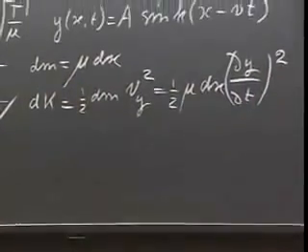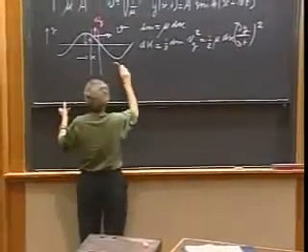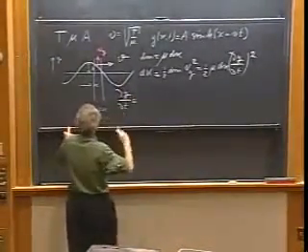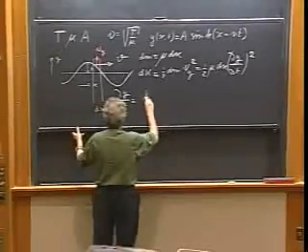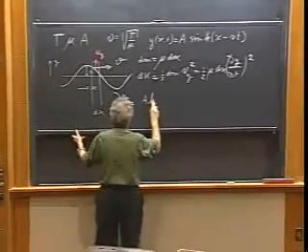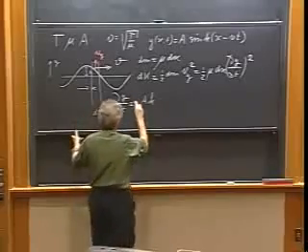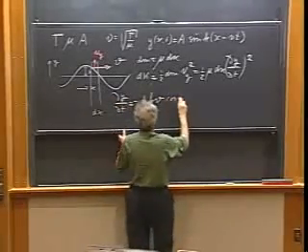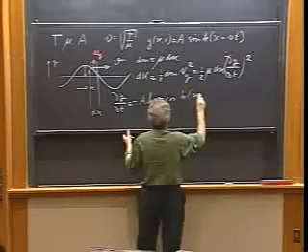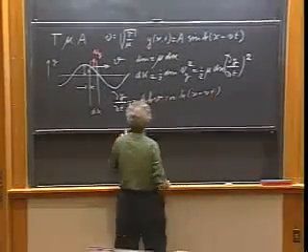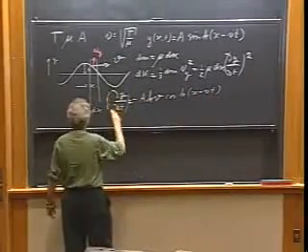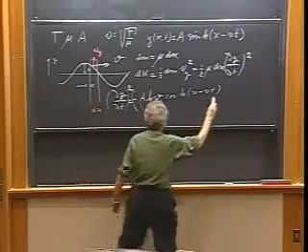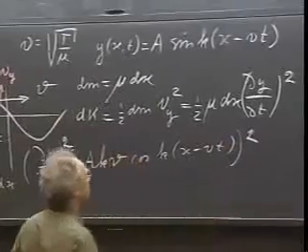And so the question now is, what is dy/dt? Well, that's easy because we have the function there. So dy/dt equals, so first I get A, then out pops a k, then out pops the minus v, and then the sine becomes a cosine. Cosine k times x minus vt. But I have to square that. So I have a square here, and I get a square here.